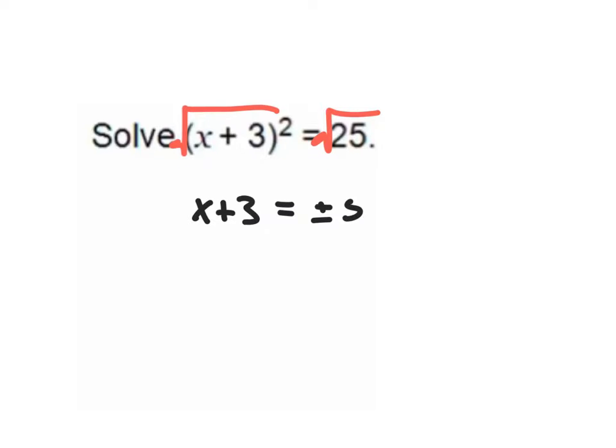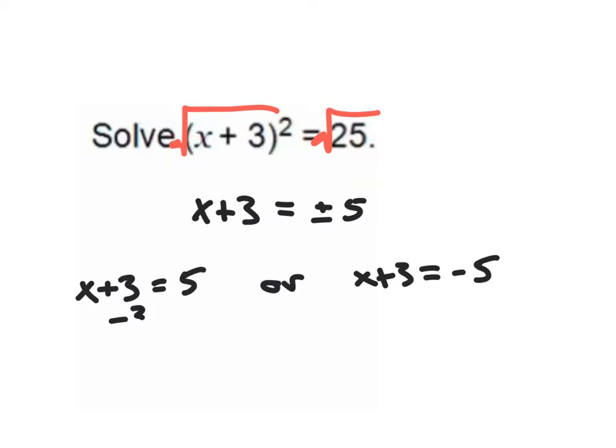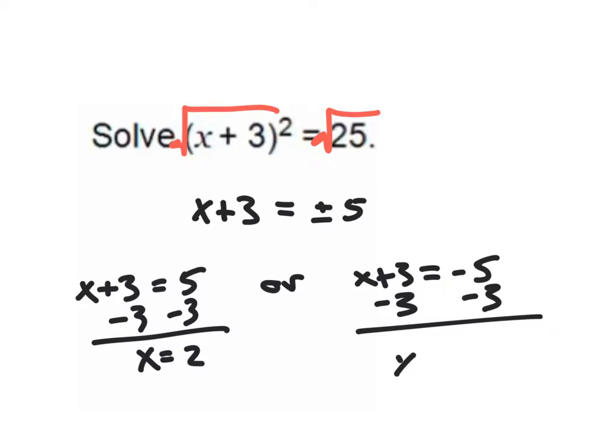When I take the square root of 25, I get 5. So I get 2 equations here. I get x plus 3 is equal to 5, or x plus 3 is equal to negative 5. If I subtract 3 from both sides, I get that x is equal to 2. Here, same thing, if I subtract 3 from both sides, I'm going to get x is equal to negative 8. And both of those, if I plug them in for x, will satisfy this equation.